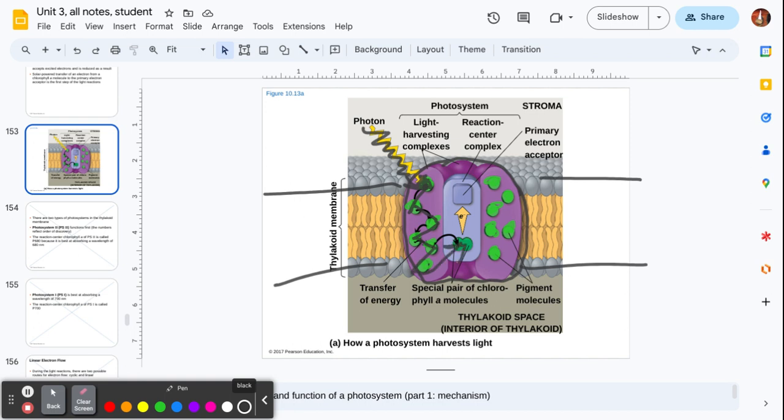Hot potato, hot potato. It's getting transferred from one chlorophyll molecule to another, and it's kind of random in the way it does this. But eventually, it gets passed to chlorophyll A.